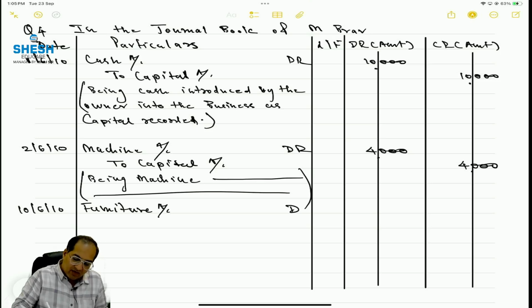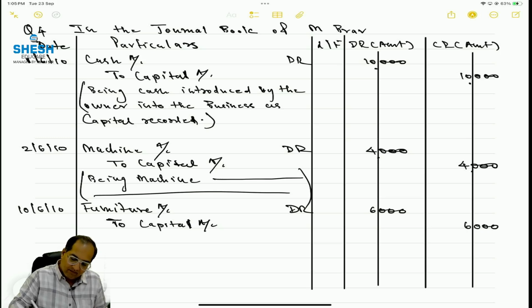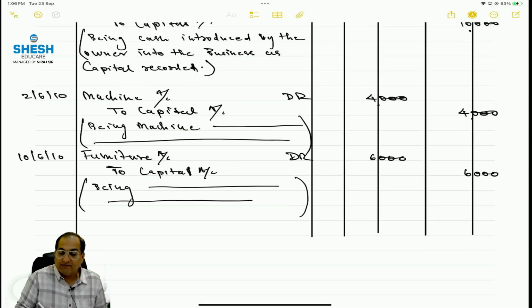So furniture account debit, how much? 6,000, to capital account 6,000. Being furniture introduced by the owner into the business as capital recorded. Followed or not followed? Followed.